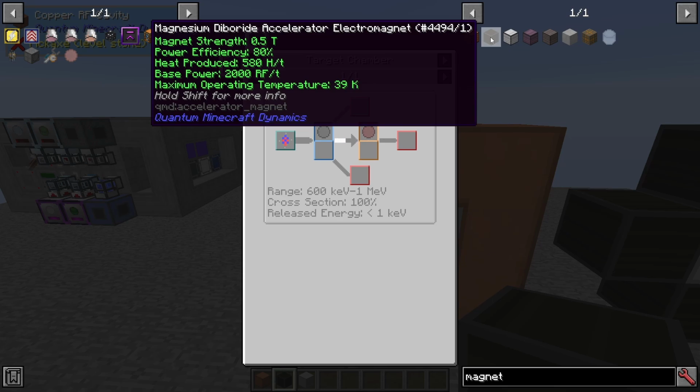We will need 10,000 RF per tick, and we will also have to cool 2.9 thousand heat per tick. Finally, this will also set the maximum temperature to 39 Kelvin, so we can also use neon to cool this magnet down.